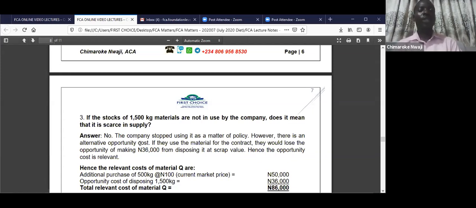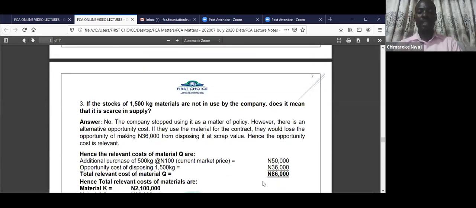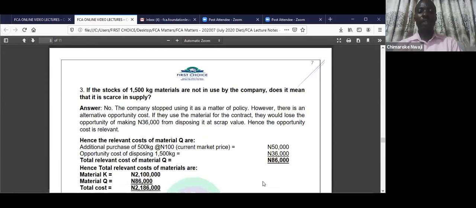The opportunity cost is from the sunk cost, because if you're not using your cost now, you're going to use it by disposing it for scrap at 36,000 naira. So that's your opportunity cost. So when you add 50,000 to 36,000, all you get is 86,000 naira. So that's your relevant cost for material Q.